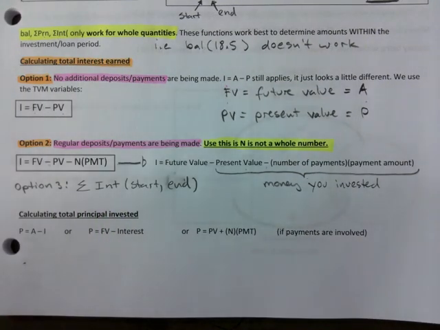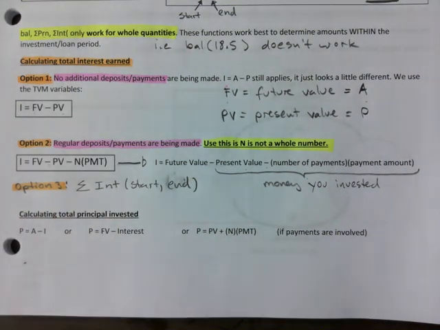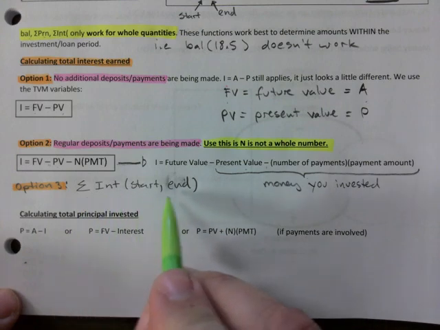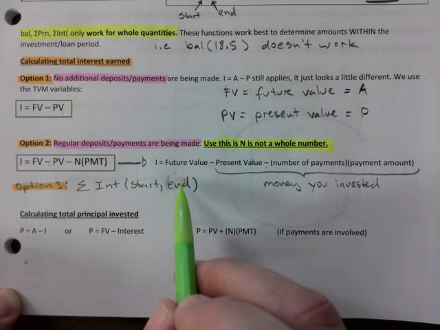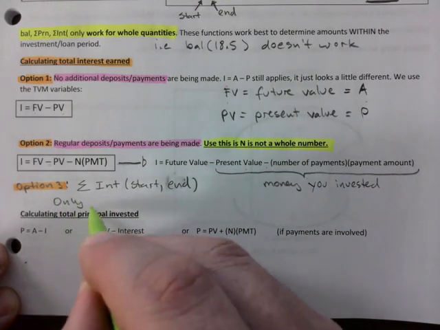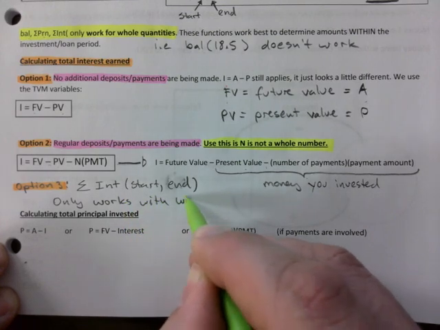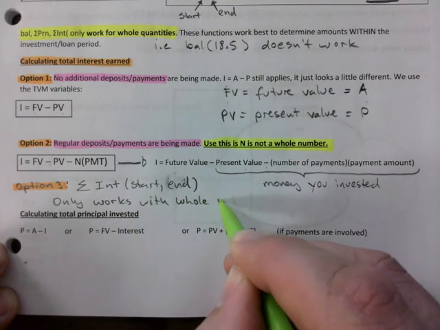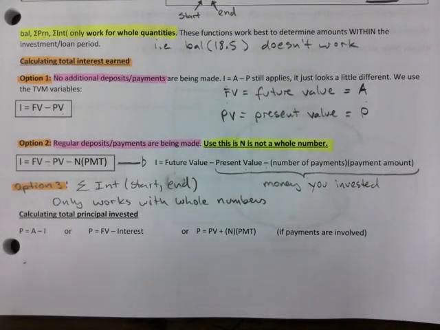So I'll actually highlight that. See? What's the caveat with this one? You can only use it if n, like if this end date, is going to be a whole number. It only works with whole numbers. That's the pink part I'm going to highlight on this one.